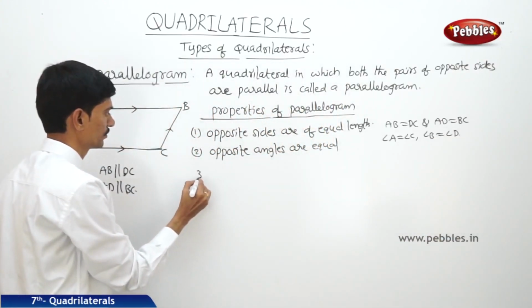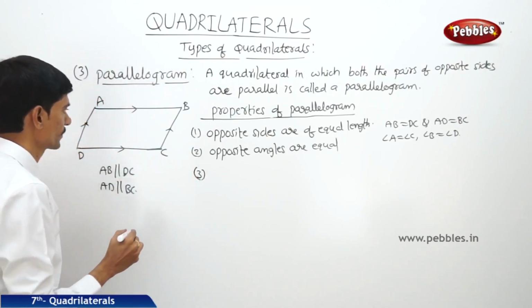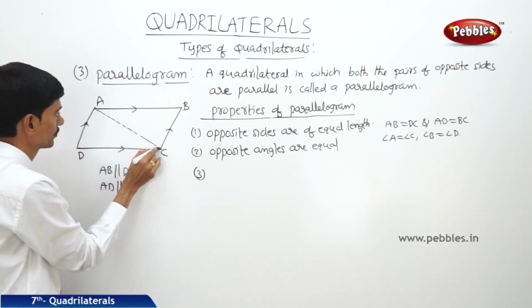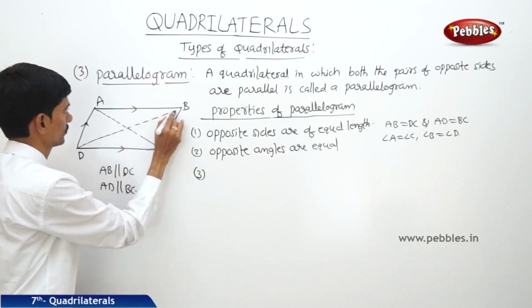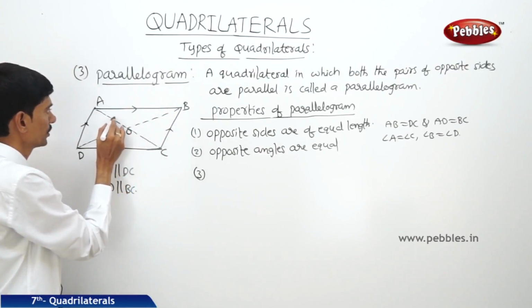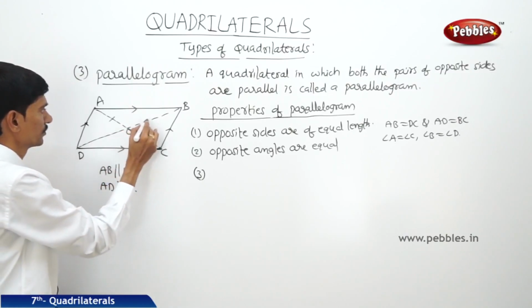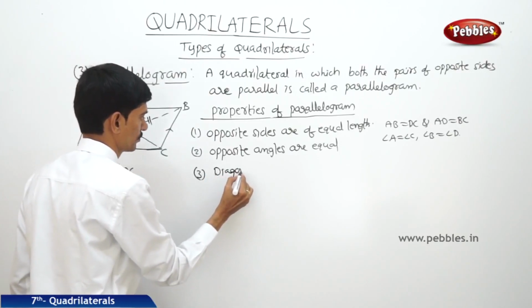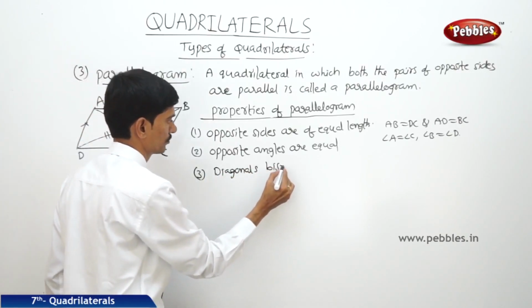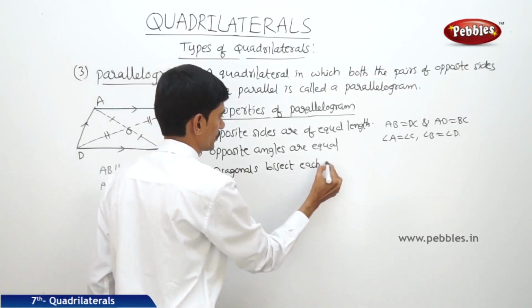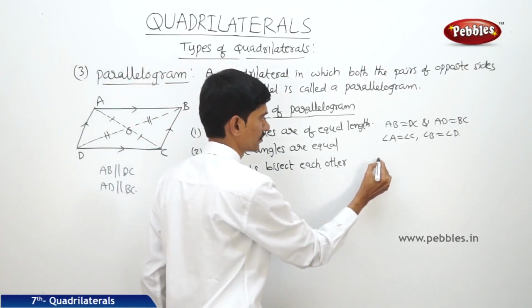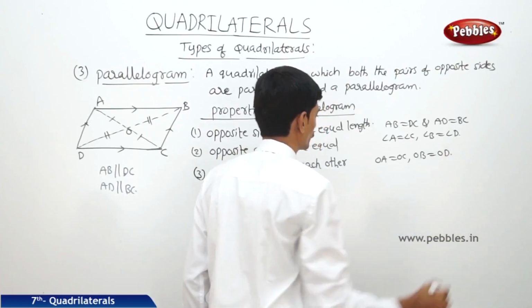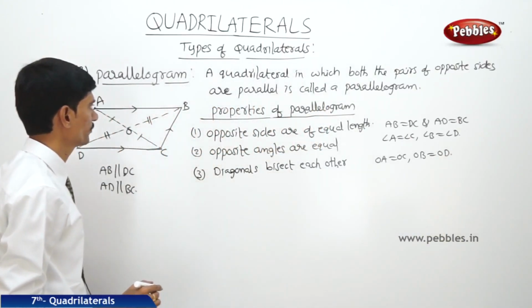For the third property, the diagonals of a parallelogram bisect each other. So OA equals OC and OB equals OD. Diagonals bisect each other means OA equals OC and OB equals OD. So these are the properties of the parallelogram.